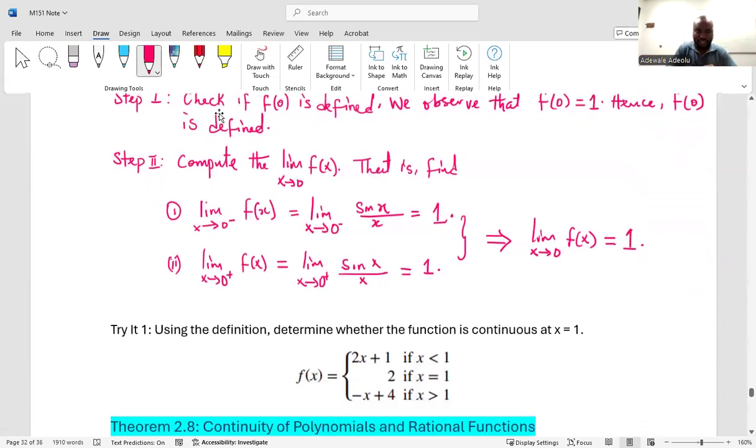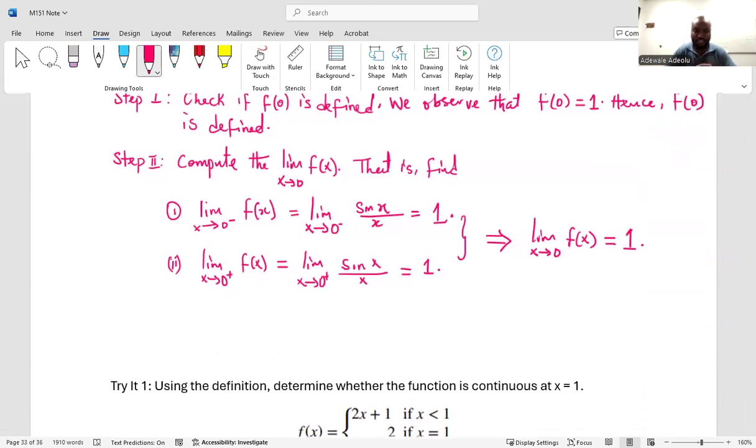Okay. Now, condition number 1 is satisfied. Condition number 2 is satisfied. It means we need to go to step 3. It is not enough for the first 2 conditions to hold. We need to check for 3.